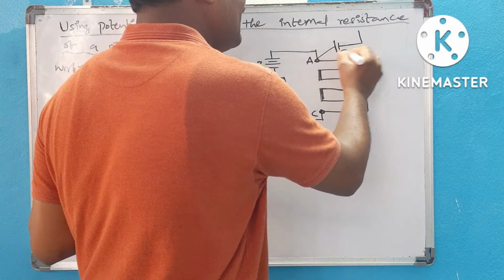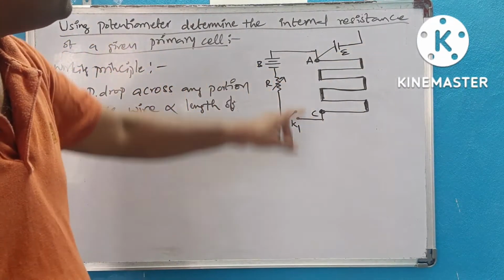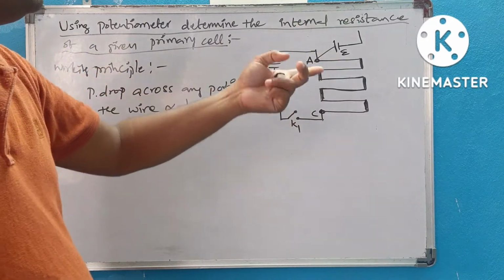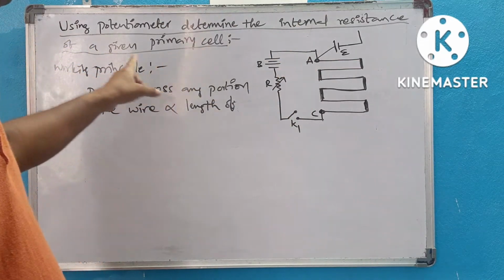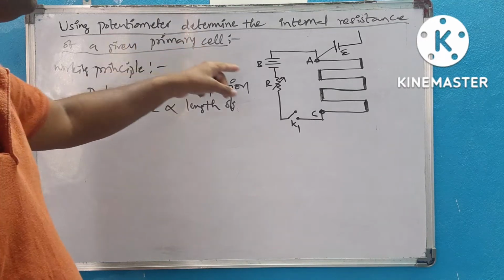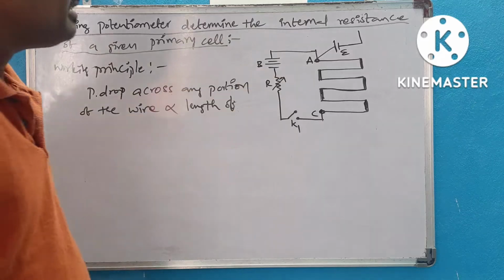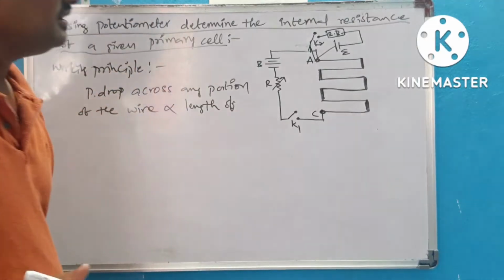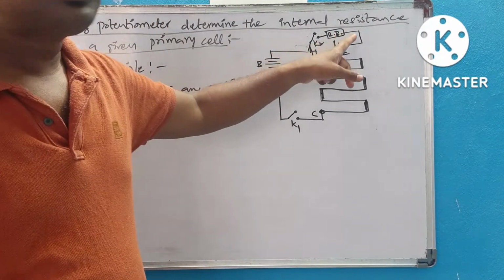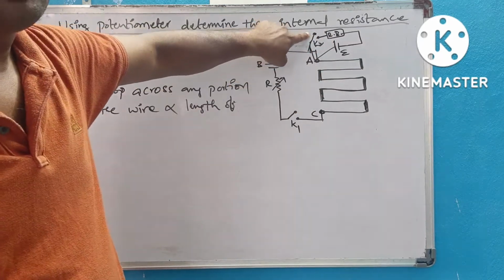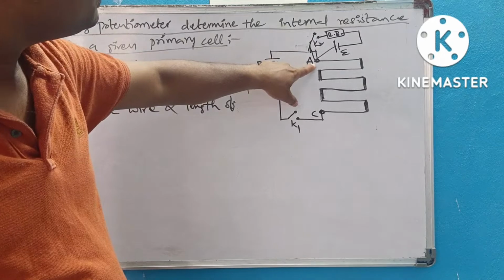We connect the cell of EMF E, whatever the cell is, whose internal resistance we need to determine. Only the one given cell is connected here, and a resistance box is also connected to the circuit through a key K2.